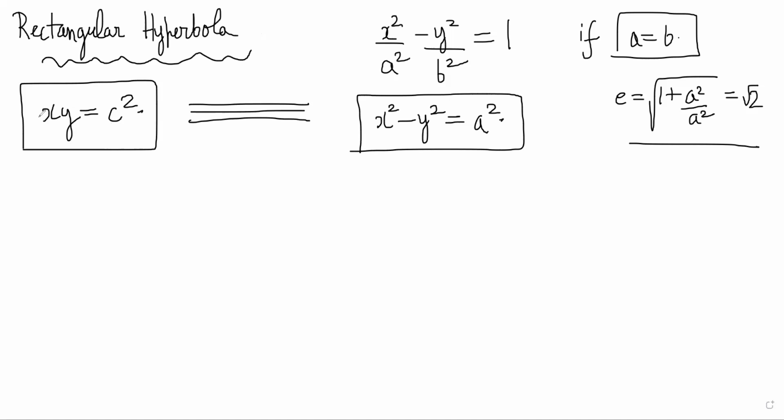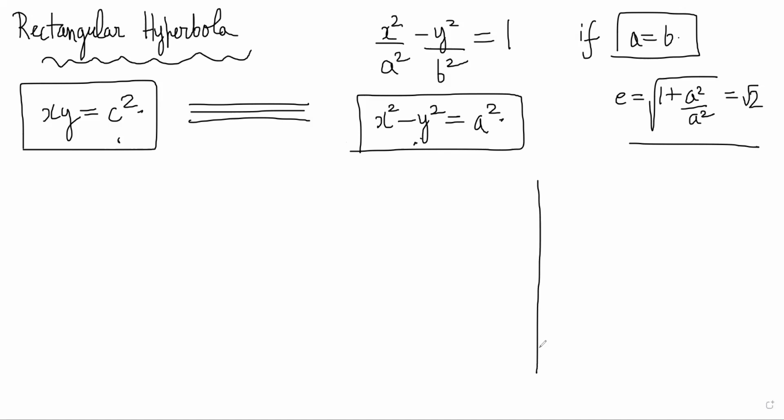So how come this equation also is rectangular hyperbola and this equation is also rectangular hyperbola? Do you know why? Okay, you have seen this form, right? So why is that happening?